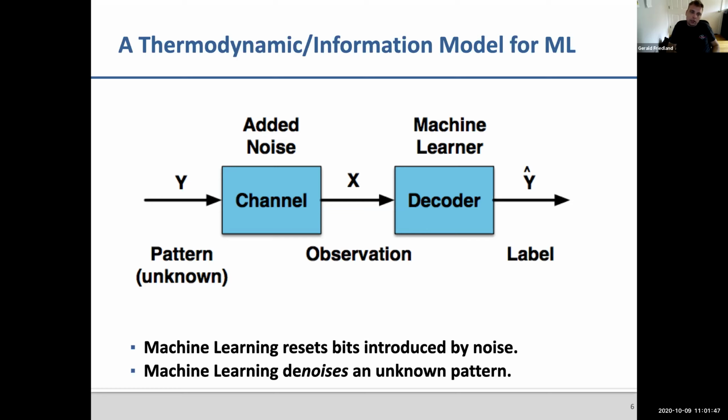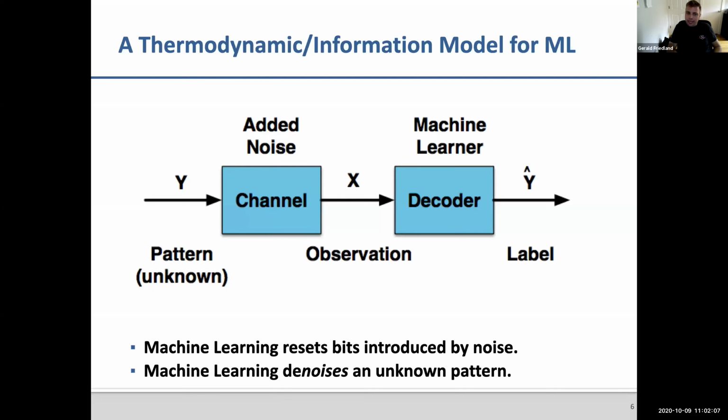So we need to figure out what that rule is. The idea here is you have a pattern that is Y, and it's unknown. There's some unknown rule we don't know. And the only way to observe the unknown rule is through a channel of added noise. All we get by taking a photo of a cat or a dog is X. That's our observation.